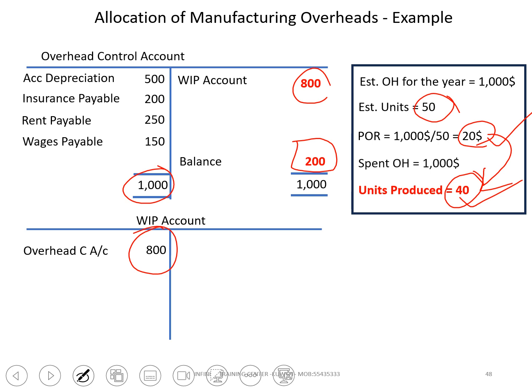So when there is a debit balance in the overhead control account, we call it under application. I'm sorry, there is a difference in the total calculation here. It has to be something different, but assume that the total of this is 1000, because if I stop the video now, I have to start again. So please excuse me for that mistake.